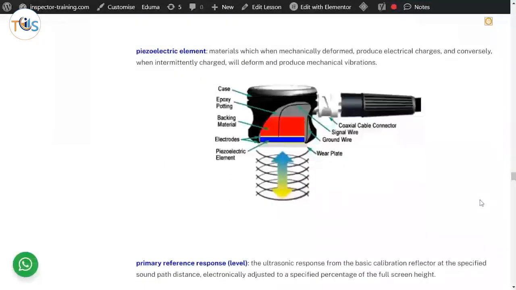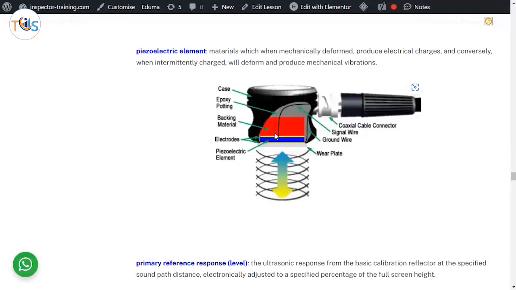Piezoelectric element. This is the piezoelectric, as you can see here, the blue one. And then you've got backing material here, then the case and everything else, and then the wear plate. The wear plate actually protects the piezoelectric from being worn off, and it's also a good transmitter of the sound.